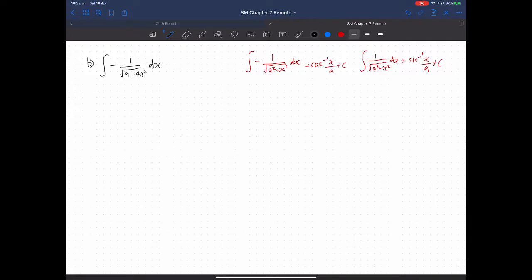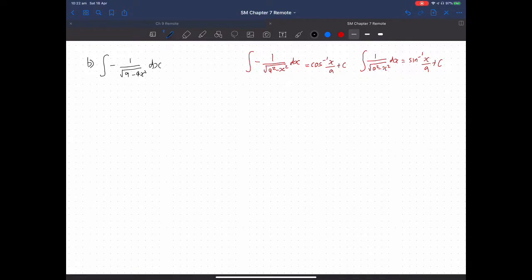The normal way to do this question is to work it out as an inverse cosine question because there is a negative in front of the 1 over the square root of 9 minus 4x squared. So I will do that way first.